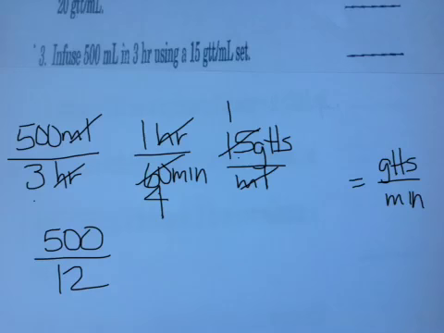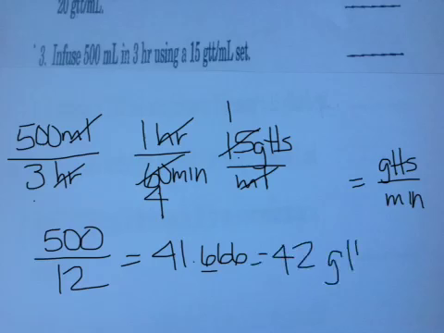So dividing 12 into 500 gives you 41.666. And again, this is 5 or greater, so you're going to round up to 42 drops per minute. Okay, let's move on to the next one.